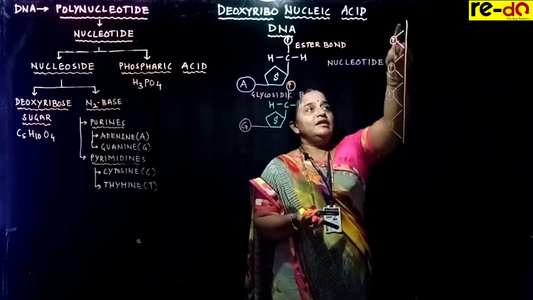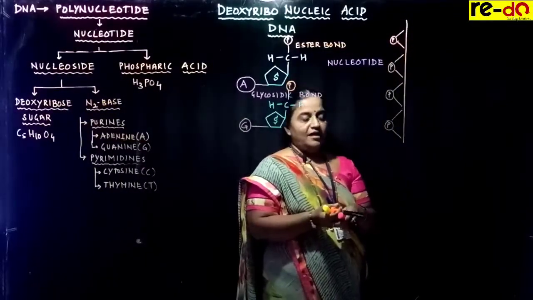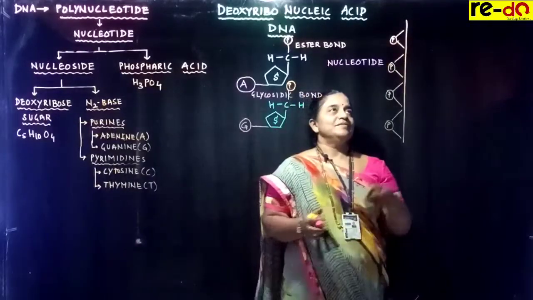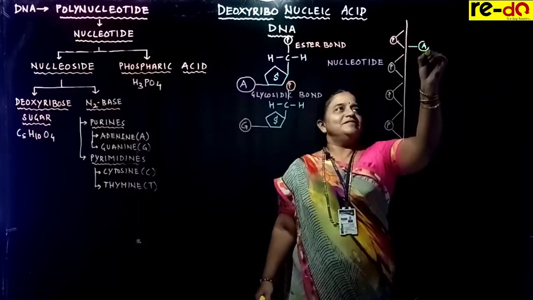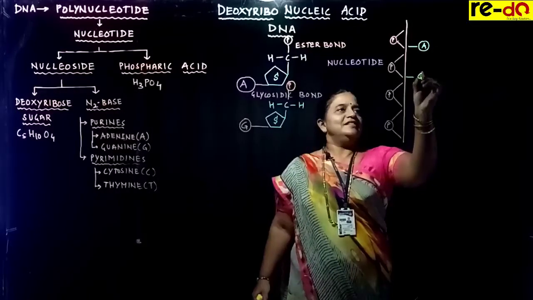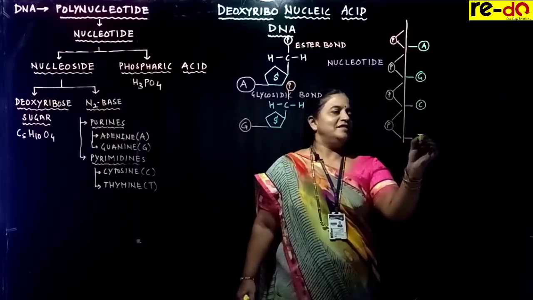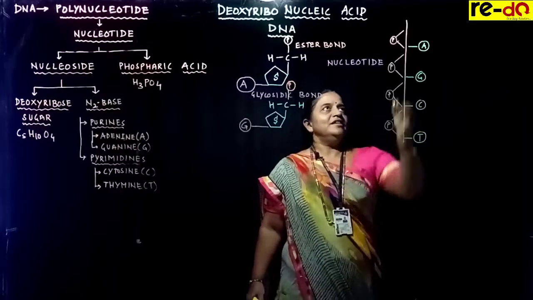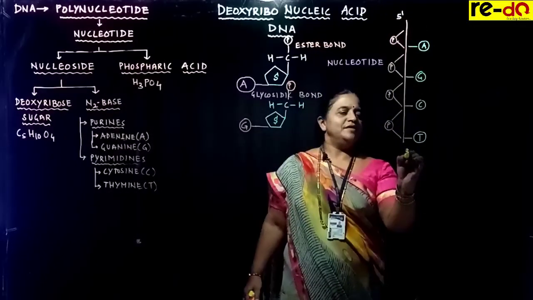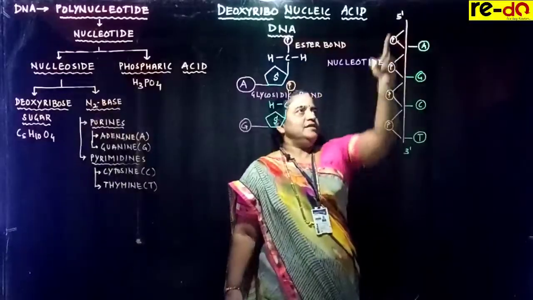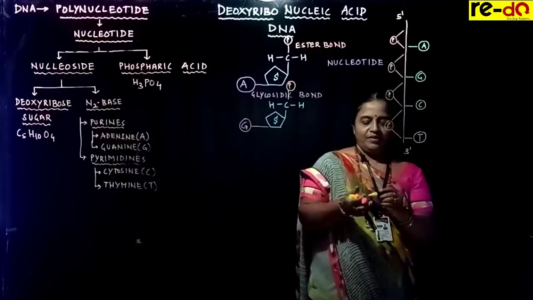I already told you, the line represents the sugar backbone, outside are phosphates, and now inside I will write adenine. This is guanine, this is cytosine, this is thymine. Clear? This is the 5' end, this is the 3' end. This is one polynucleotide, one strand of DNA.